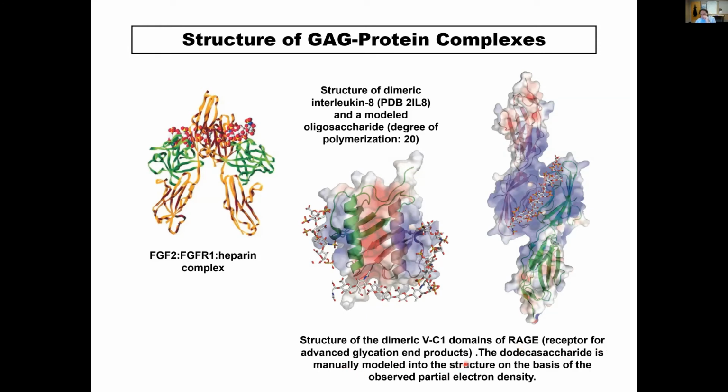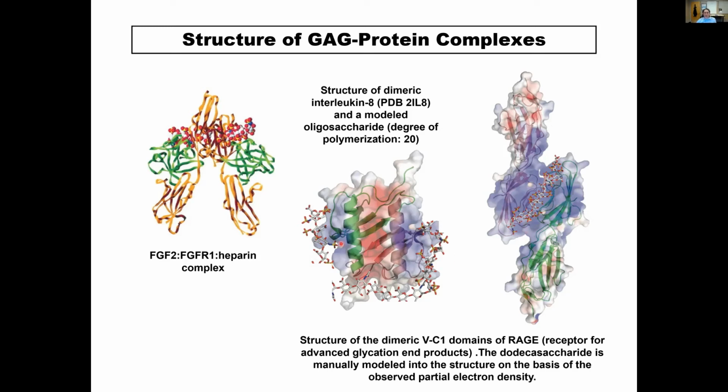This is an inflammatory receptor that is involved, obviously, in inflammation, but it's also implicated in cancer and diabetes and many other disorders as well. And heparan sulfate was found to be essential for oligomerizing RAGE, so it could be its functional form where it can then interact with other types of ligands and affect downstream signaling as well.